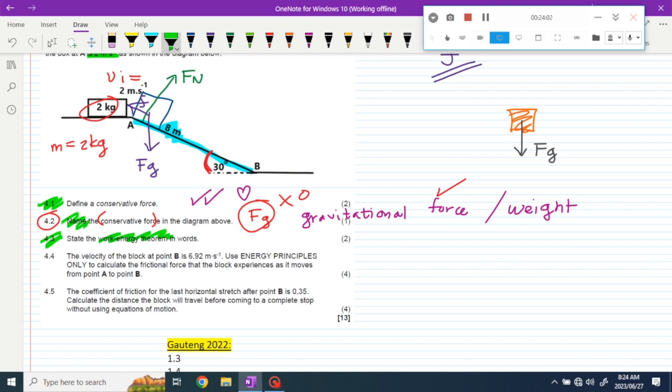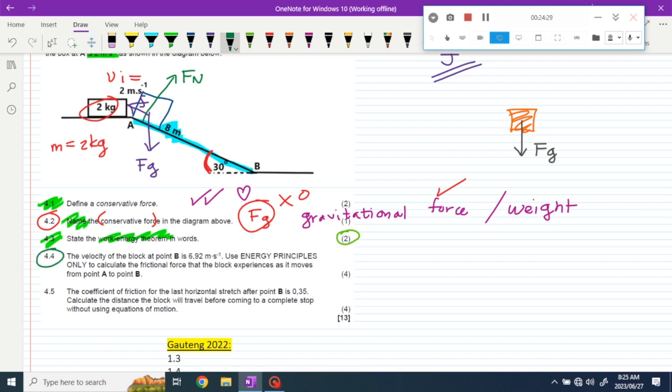It's because they're trying to say to you, you're probably going to need to use this and therefore you need to know it. Okay, so I'm not going to write this one down for 2 marks. You should have said, the net work done on an object by a net force is equal to the change in the object's kinetic energy. Or something of that sort, you just copy it down from your exam guidelines. Okay, are there any questions?